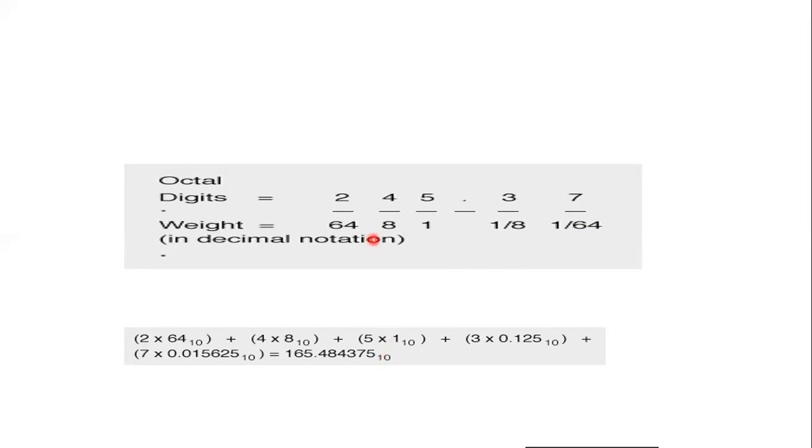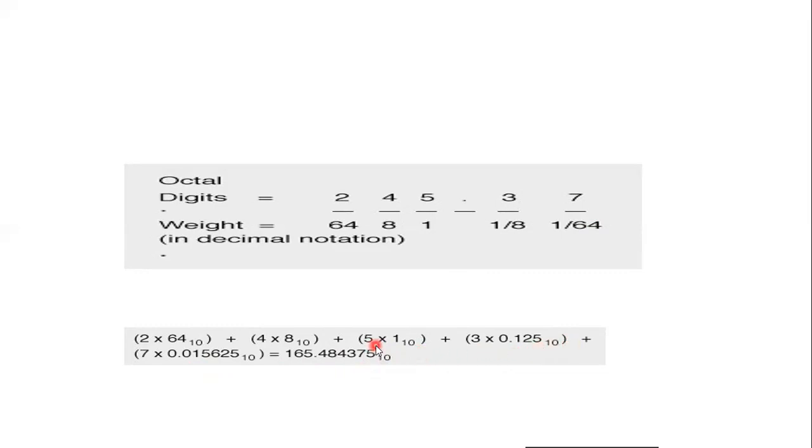Sorry, this value is correct because we want to multiply with 2. 2 into 64, then 4 into 8 plus 5 into 1. Therefore 2 into 64 is 128, 4 into 8 is 32, and 5, which makes 165.